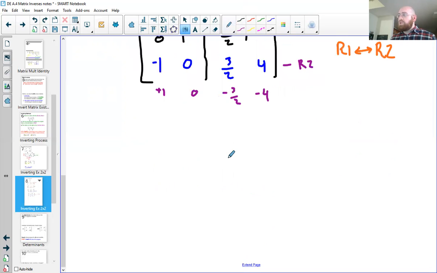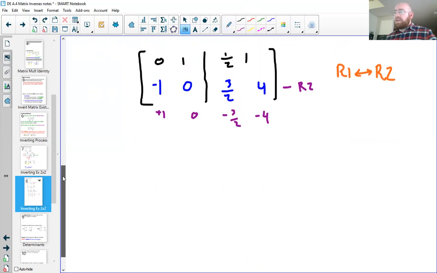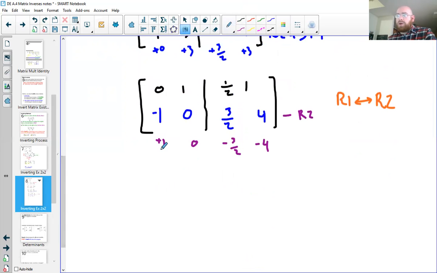And the reason I'm switching them is because I want the row that has the +1 to be in the first position. So we'll have 1, 0, -3 halves, -4. And then we're switching both rows, so that would be 0, 1, 1 half, +1.